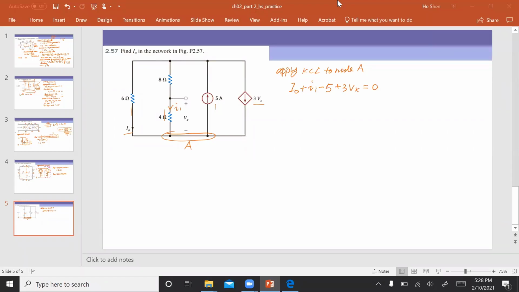In this equation, how many unknowns do I have? 3 unknowns, right? And 3 unknowns imply that I need 3 equations to solve. Where do I find the second equation? I want to find a relationship between all of them. By looking at how I defined I1, I can find a relationship between I1 and Vx. I'm going to use Ohm's law to find that relationship. So Ohm's law.